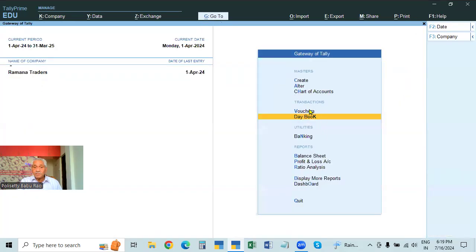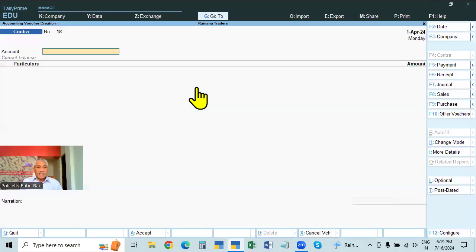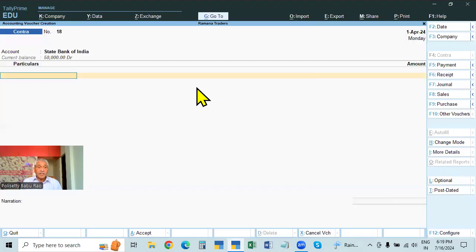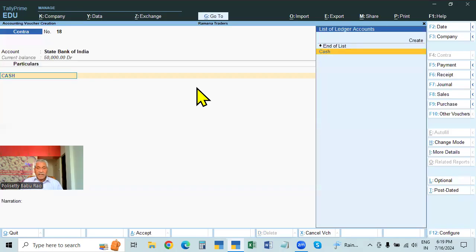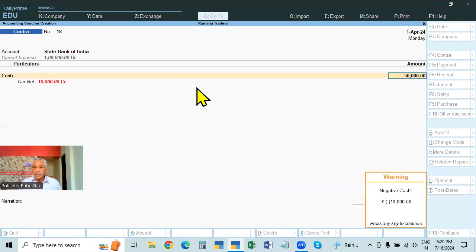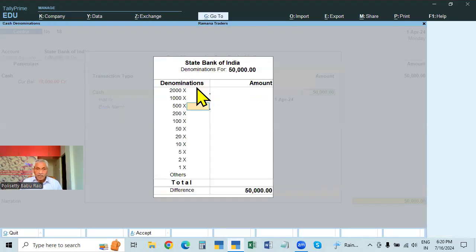Now we have to make the single entry method. So here voucher, then contra, single entry method, Control H. Here, depositing in Bank of India. Bank takes the debit, and then cash 50,000 rupees. 50,000 we deposited into the bank. And the same entry here, cash we deposited, and we will do the same thing here also.